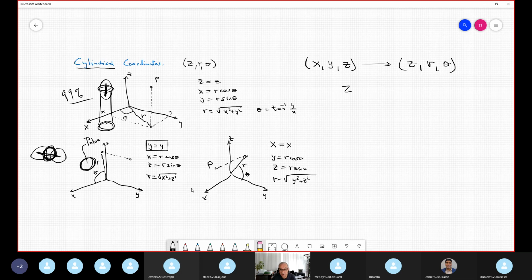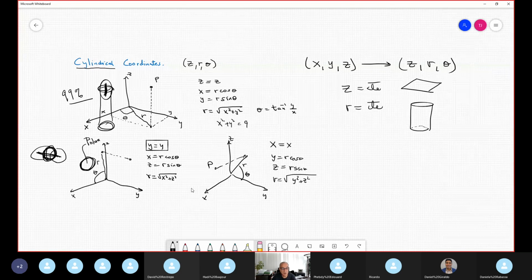Then, for example, z equal to a constant again represents a plane, a plane parallel to the xy plane. z equal to a constant, r equal to a constant. Suppose one equation is r equal to a constant, it is a cylinder. Because, look, r equal to a constant means x squared plus y squared equals a number, 9 for example. It is a cylinder. That is the reason the name is cylindrical coordinate.